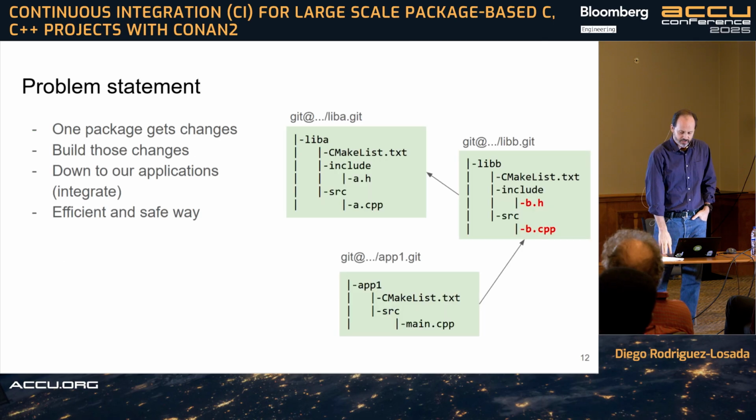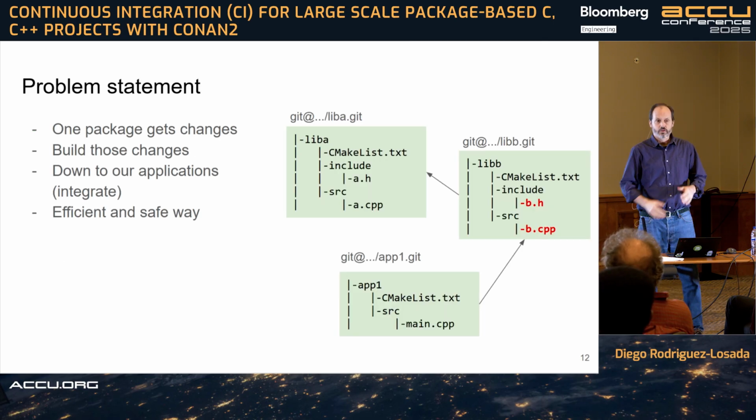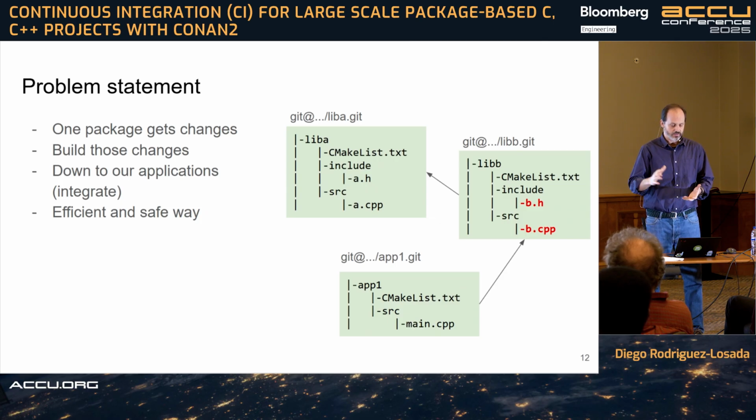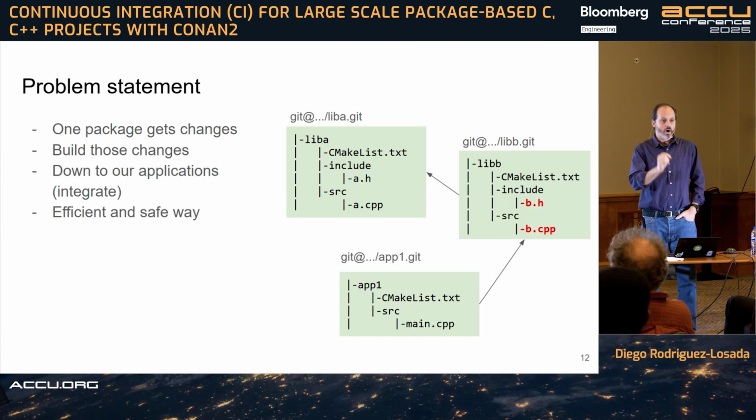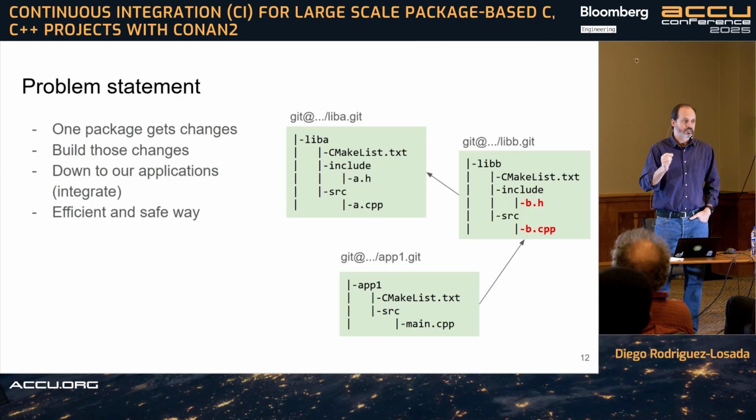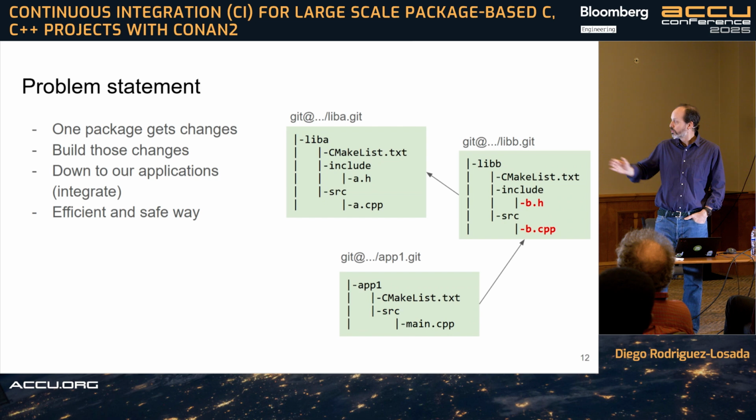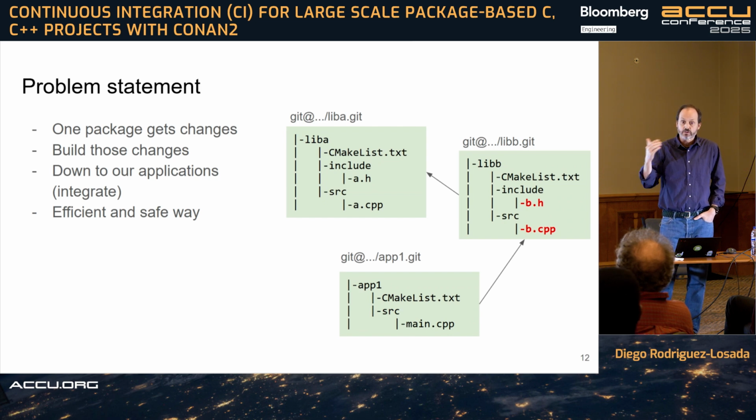Let's define the problem first. When we have a dependency graph and we are working in a multi-repo, component-based approach, we have this dependency graph of repos. They are connected in some way, right? Building it is relatively fine, but the problems start when one of these components gets changed. Someone goes to this specific repo, edits the files, and creates a new version.